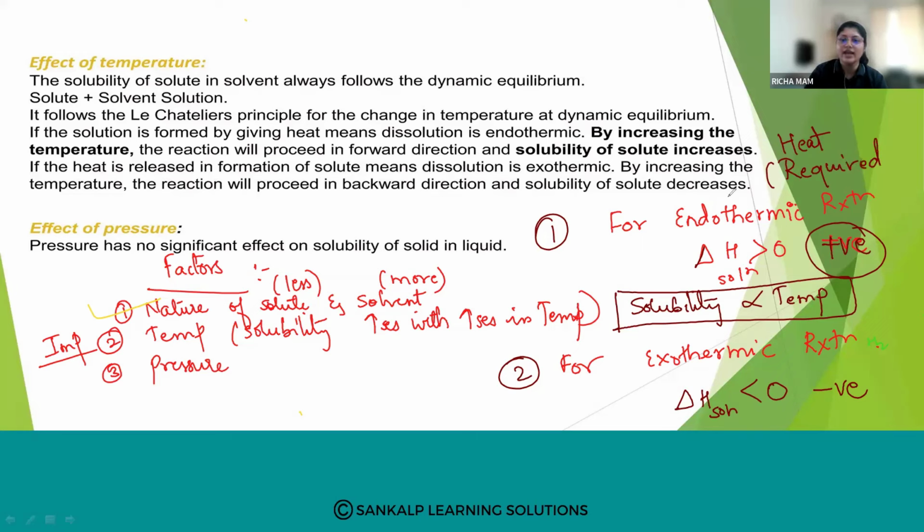Whenever the reaction is occurring, that is, when the solute is getting dissolved in the solvent, heat is required to give you the solution. This is the case of an endothermic reaction.